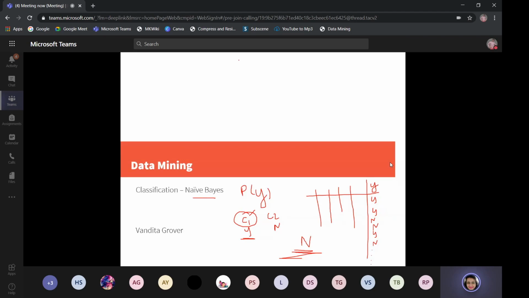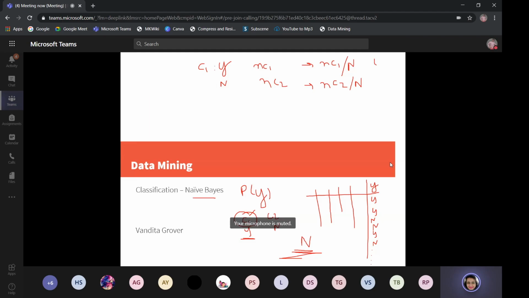That's nice of you. So let's assume that for class C1 or class Y, the number of records is nC1, and for class no, the number of records is nC2. So the probability of having class Y is nC1 divided by n, and the probability of class C2 or no is nC2 divided by n.